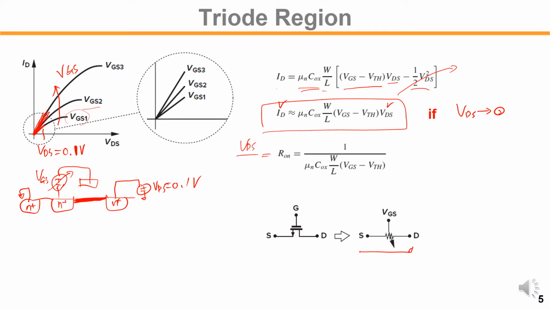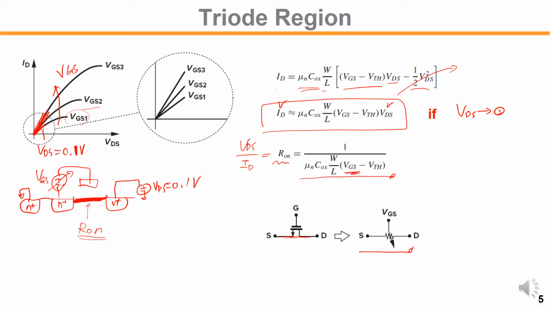VDS over ID is what we define as the on-resistance between drain and source. The resistance through this channel shows some resistor, R-on, which is found like this.